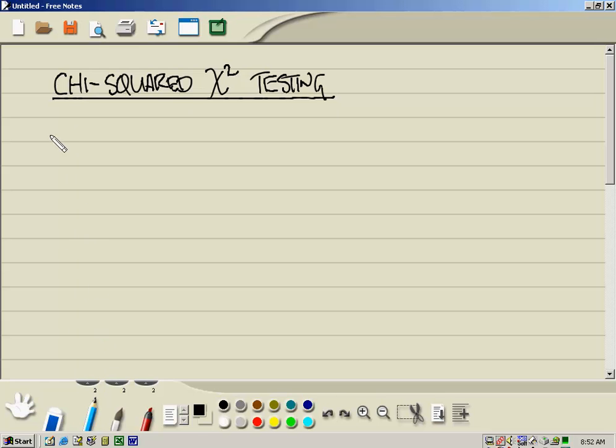We will cover two different kinds of chi-squared testing. One is called the goodness of fit.